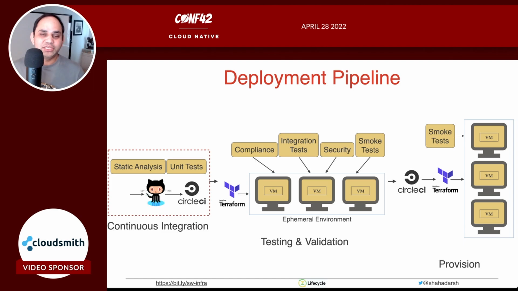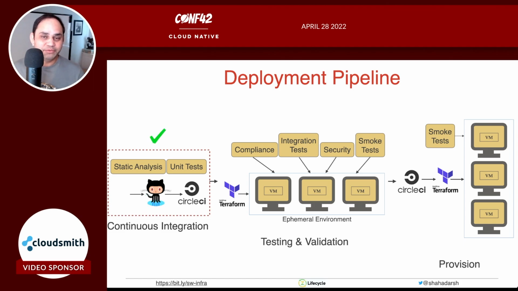As you can see on the left, we have the continuous integration bit, which means that we can run some static analysis against the IaC. We can run any unit tests, see if those things pass before pushing our changes.